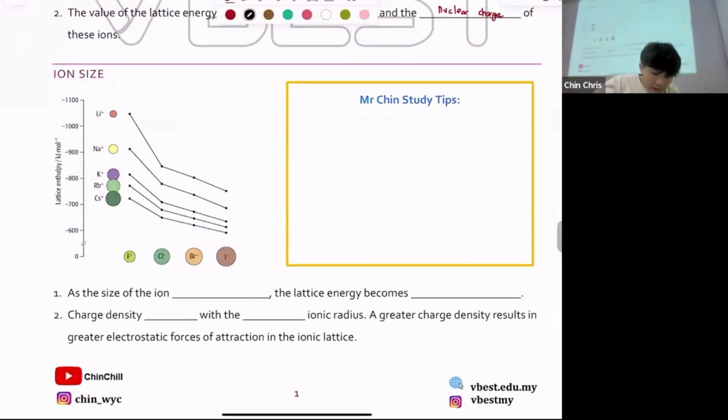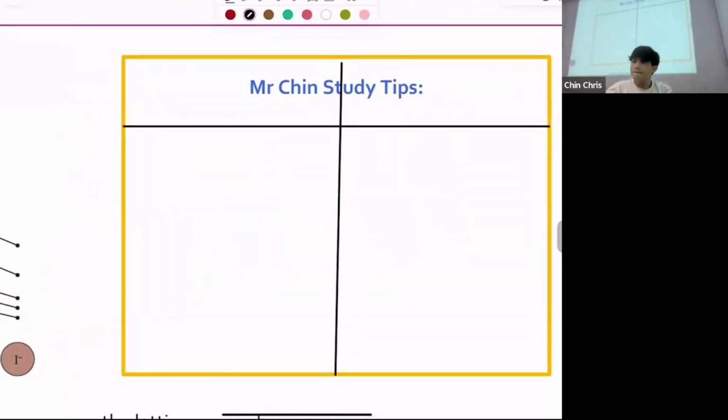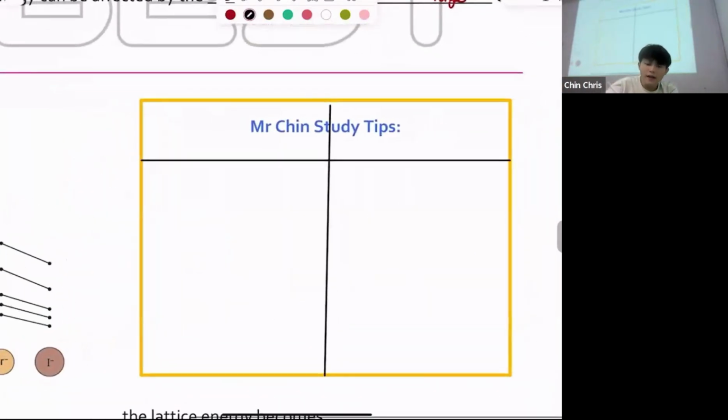All right, guys, now let's look at my study tips. First part, I want you guys to prioritize the charges first before looking at the size of the ion.